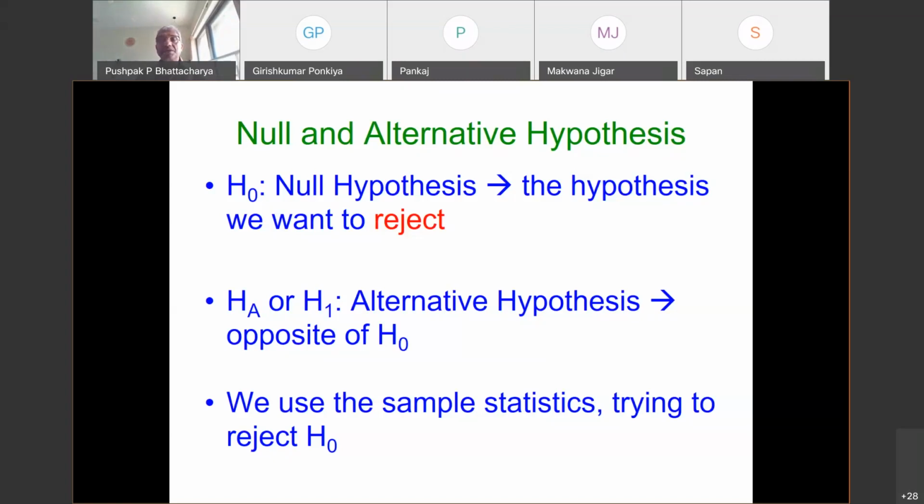Now Swapan was asking, if I don't reject, does it mean I accept? Since we are in the world of probability, there is no black and white. Everything is gray. There is no 0-1 decision. It is always with a probability. So when we say we cannot reject a hypothesis, this is always with a probability.